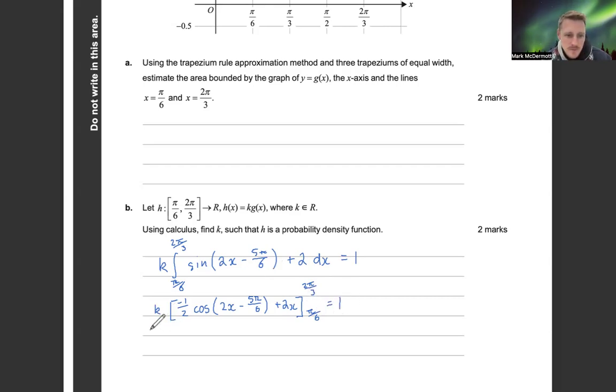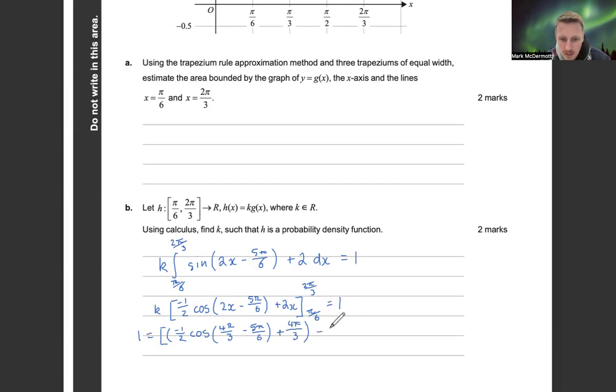Okay, sub in everything. So you're going to get 1 equals, and I'm cheating here because I've done it before, negative a half cosine, subbing in 2 pi on 3, so you're going to get 4 pi on 3 minus 5 pi on 6, plus 4 pi on 3 again. Okay, that's just the first part.